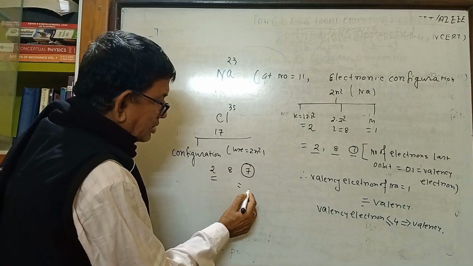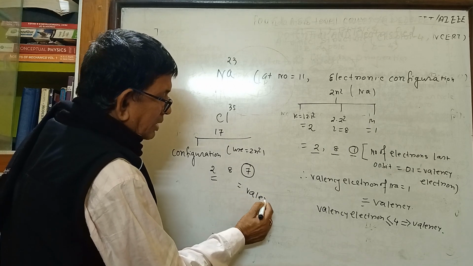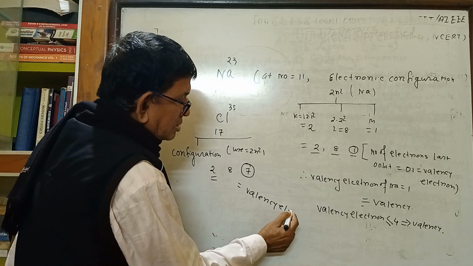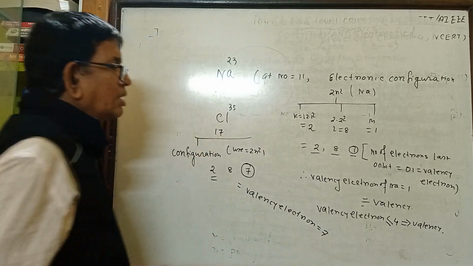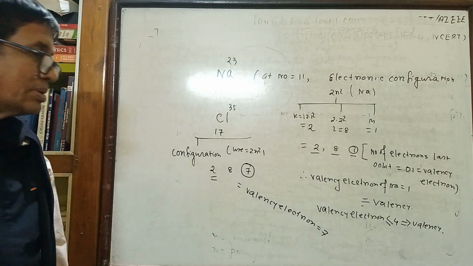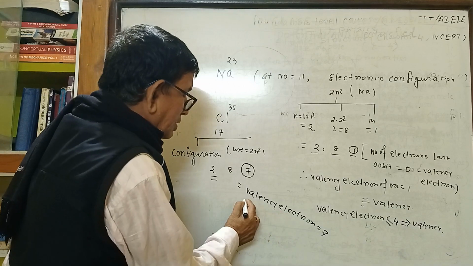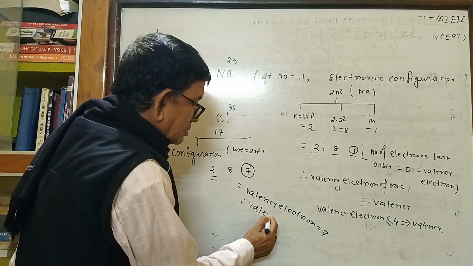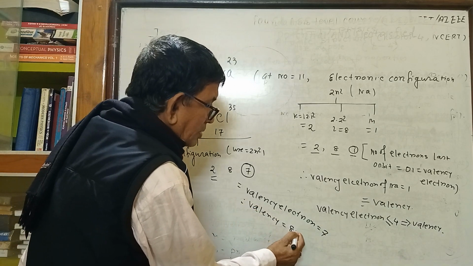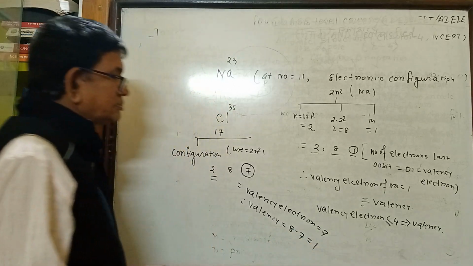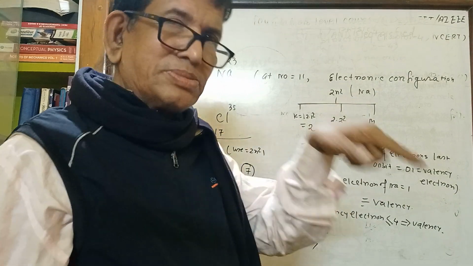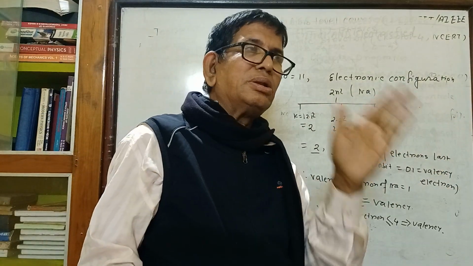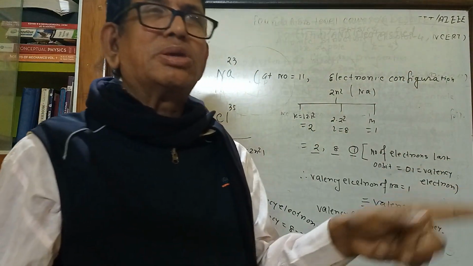So the valence electron equals 7, but the valency is not 7. If it is more than 4, then the valency equals 8 minus 7, equal to 1. Again, if the valence electrons are within 4, that is the valency. If more than 4, then 8 minus the valence electrons will give you the valency.